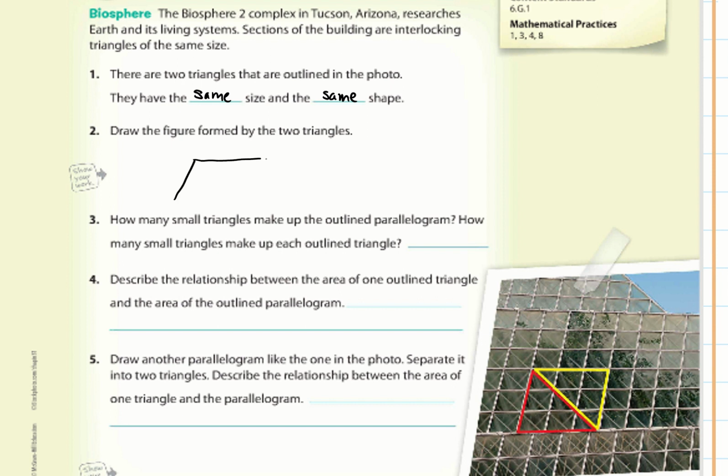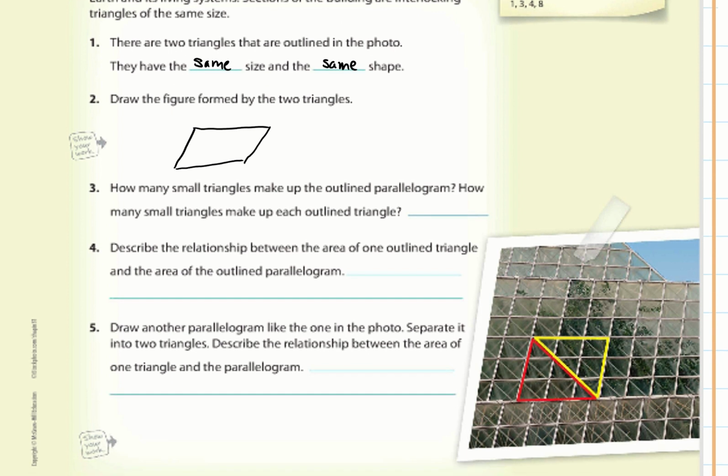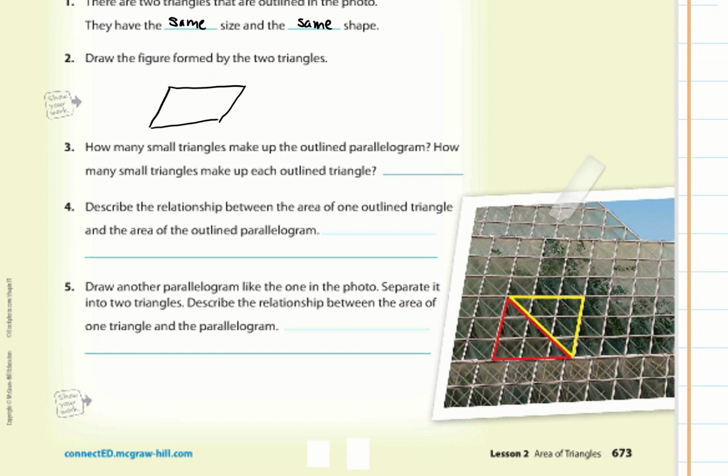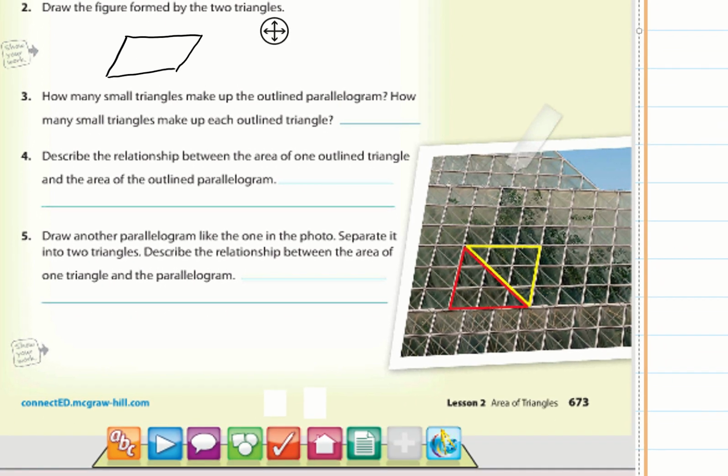If we look at the figure combined, we do get a parallelogram. How many small triangles make up the outlined parallelogram? How many small triangles make up each outlined triangle? If you look at the photo, we have triangles in the glass, so we have to see how many triangles we make. So it's 1, 2, 3, 4, 5, 6, 7, 8, 9.